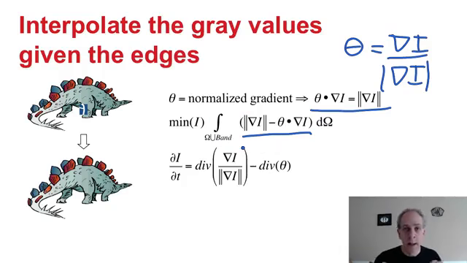this becomes zero, and then what's inside here is as small as possible. Once again, the basic idea is you find an image that when you take its gradient and you normalize it, you get what was given to you. So you look for consistency. The integral is inside the region to be painted and a small band around it, where we take the information to propagate in.